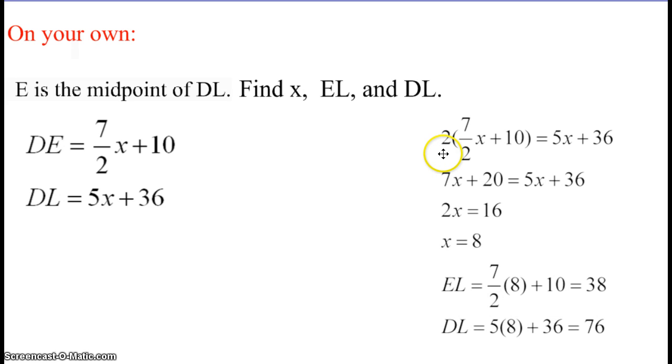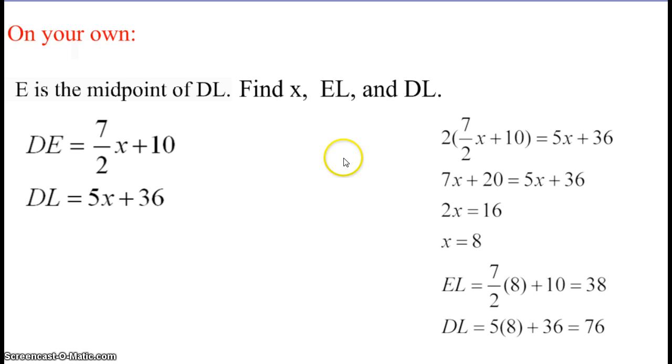Okay, after trying it on your own, you should have drawn a diagram. You would realize that E is the midpoint. So 2 times DE will give me DL. I do my math. Please note when I multiply 2 times a fraction, it's 2 times 7, which is 14, divided by 2, or the 2's cancel. So it's 7x. Still need to distribute it to the 10, so it's 20, and then the rest you should be able to figure out.